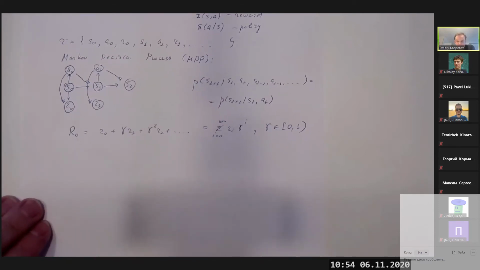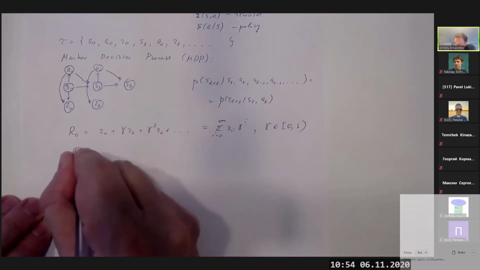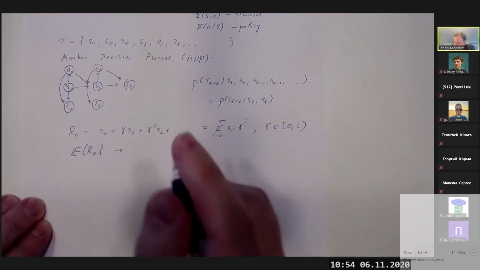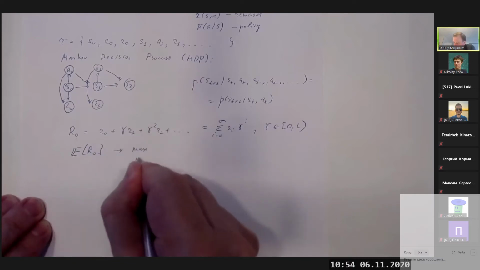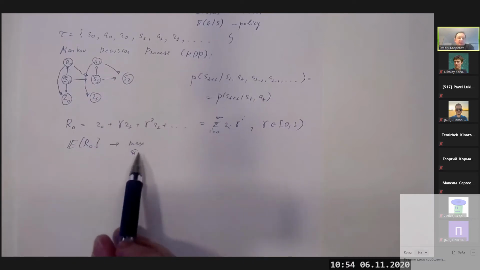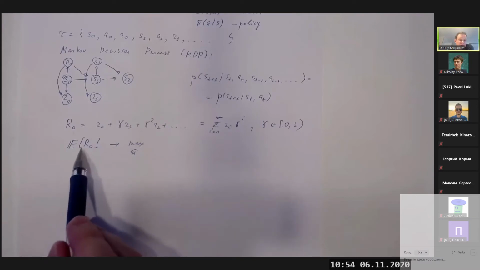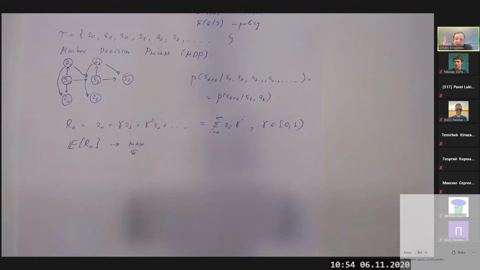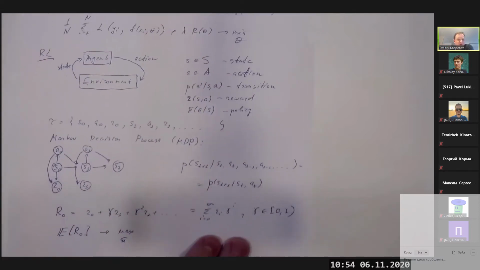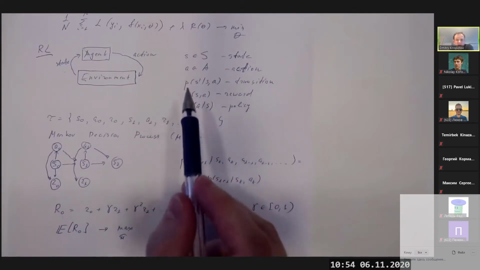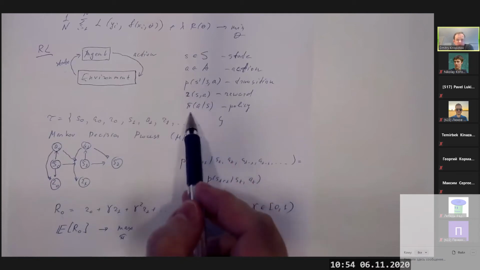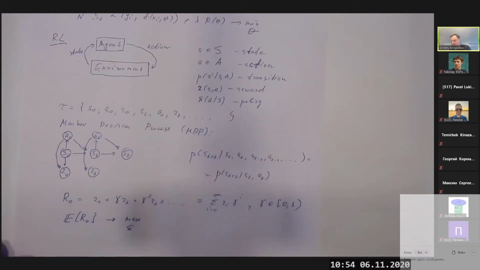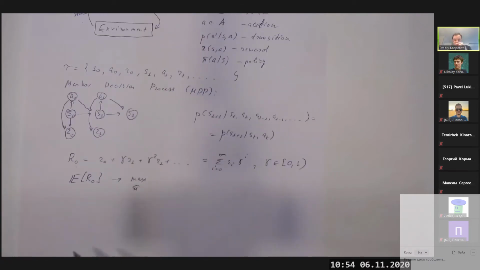And what we would like to do is maximize our cumulative reward with respect to all possible policies pi. So this is an expectation that is taken with respect to all the stochasticity in our MDP, with respect to these probabilities at each time moment.